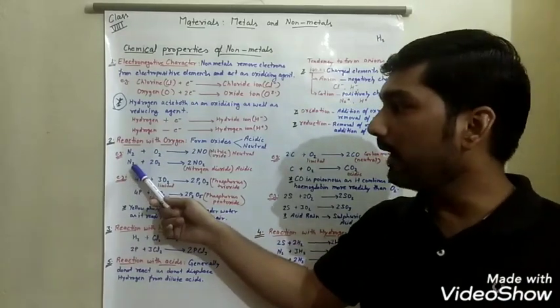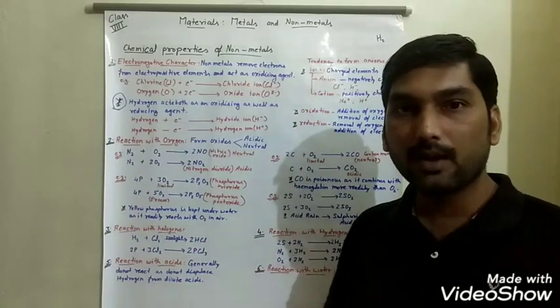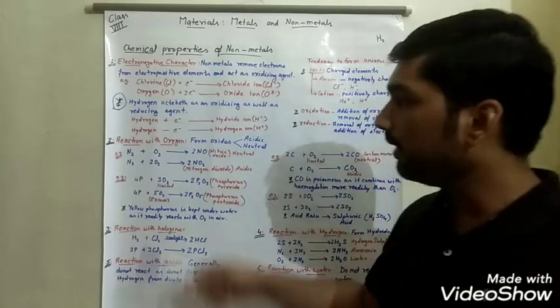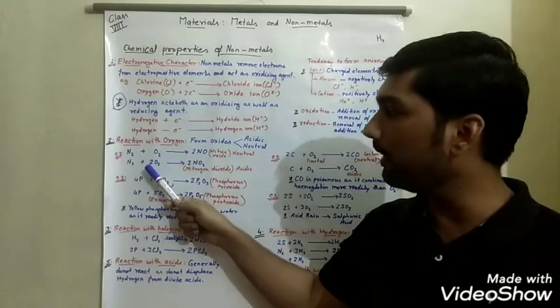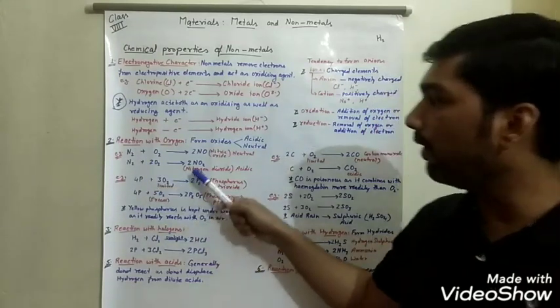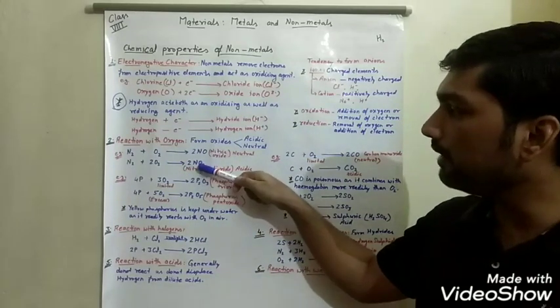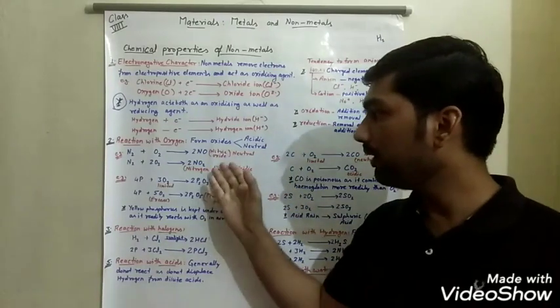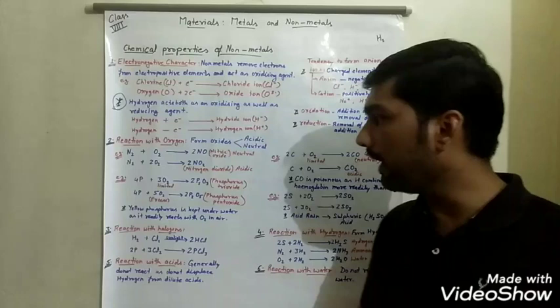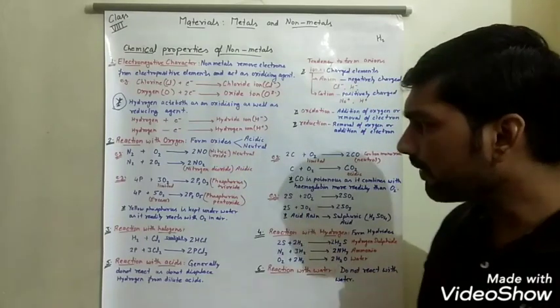One more example of nitrogen: when nitrogen reacts with excess oxygen, you can see here the oxygen molecule is 2 in number. So this forms nitrogen dioxide. Di means what? Here you can see NO2, meaning the oxygen is 2 in number, nitrogen dioxide, and this is acidic in nature.